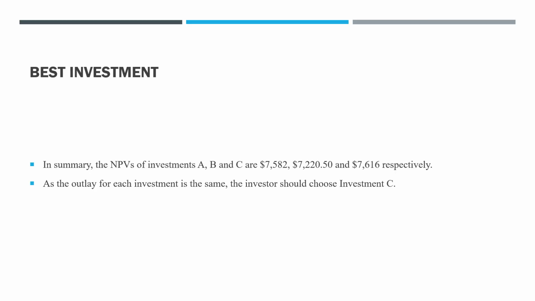In summary, the NPVs of investment A, B, and C are $7,582, $7,220.50, and $7,616 respectively. As the outlay for each is the same, the investor should choose investment C with the highest NPV.